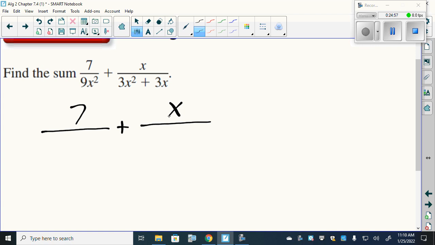Now to do that, the first thing we'll really need to do is factor these. If we can factor them, we need to factor them. Now the 9x squared is by itself. There's nothing else with it. But the 3x squared plus 3x, we can factor this by doing what?